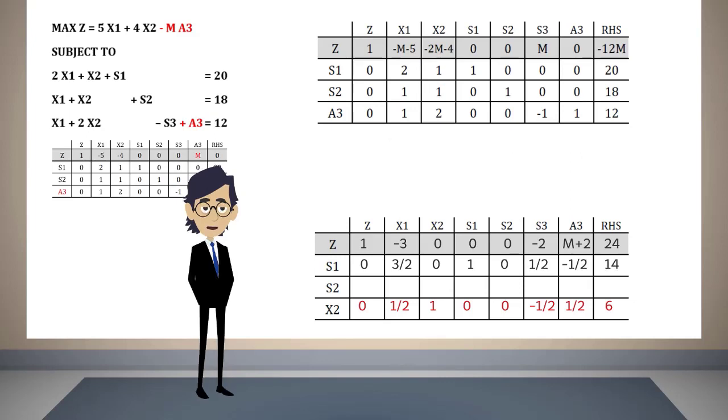To finish this table, we only need to convert to 0 the next number. Again, we must multiply the pivot row by -1, and add the S2 row. And the result will be placed in the S2 row of the new table.